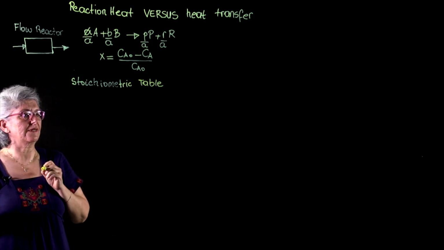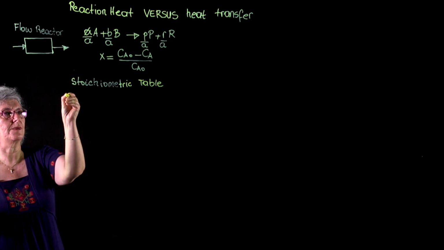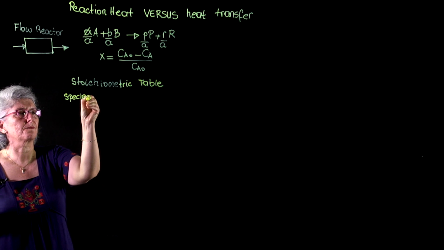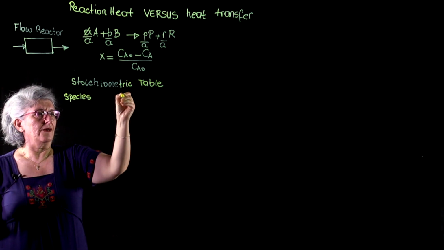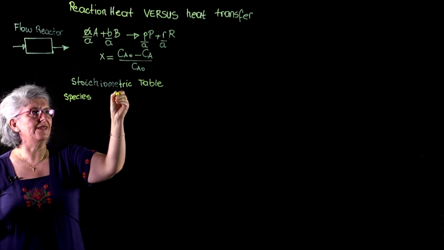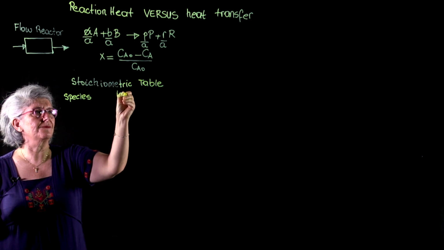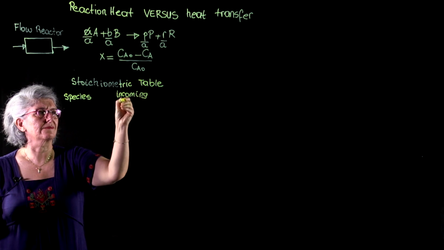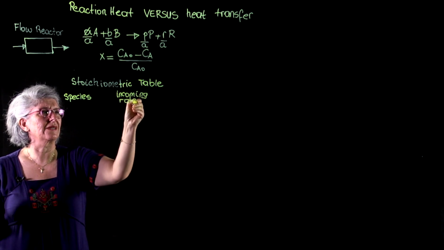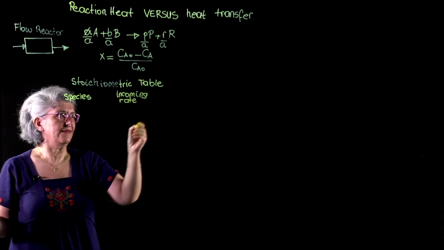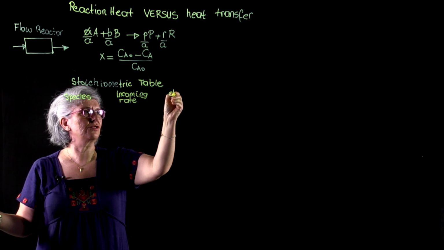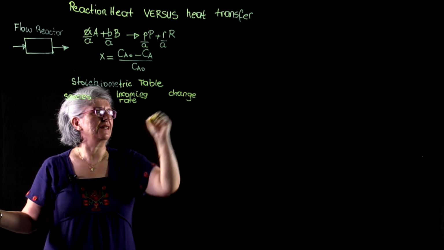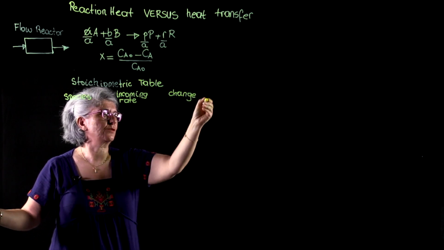In the stoichiometric table, we will have species, and we will have their incoming rates. We will have the change that has occurred within the reactor, and we will have the outgoing rates.